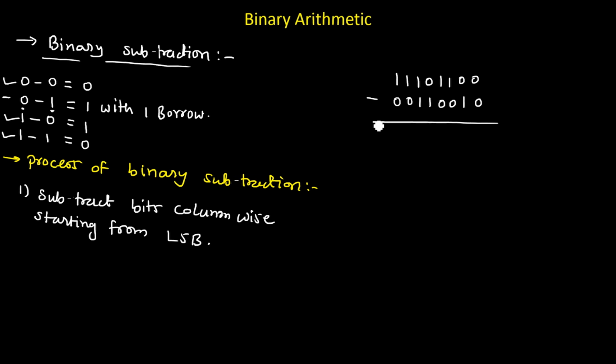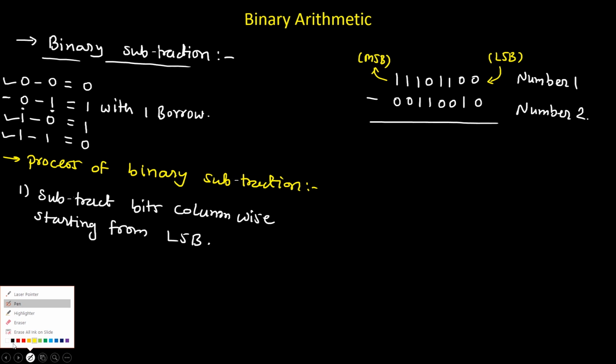We have to subtract number 1 from number 2. The subtraction process starts from the least significant bit. Here we have the least significant bit, and this one is the most significant bit. So the process starts from the least significant bit and moves toward the most significant bit.